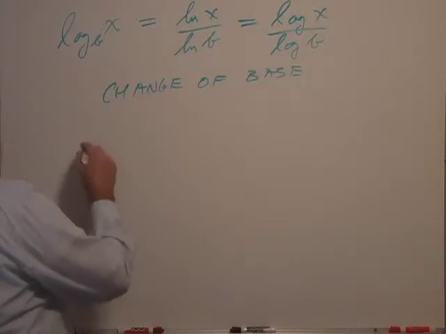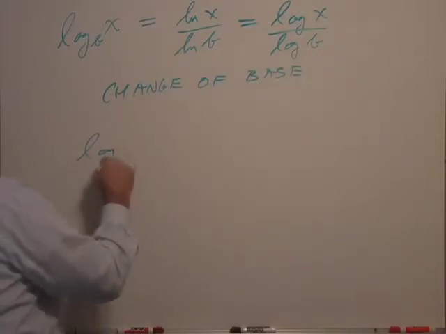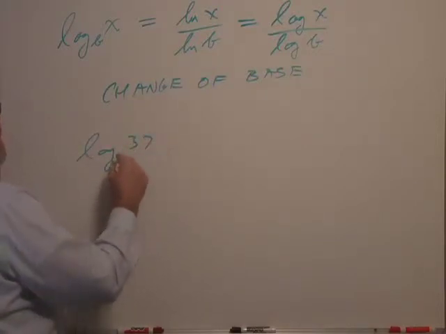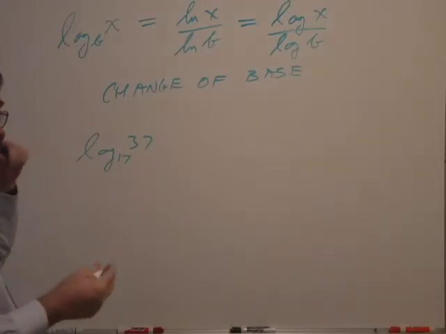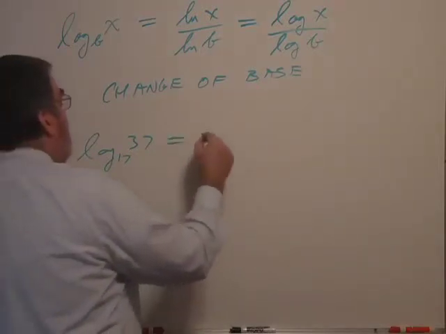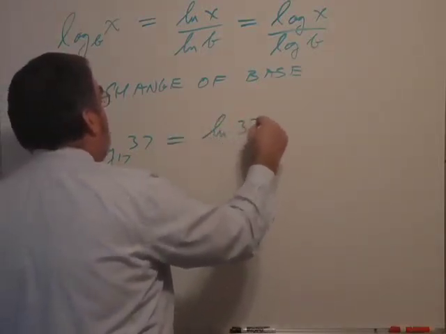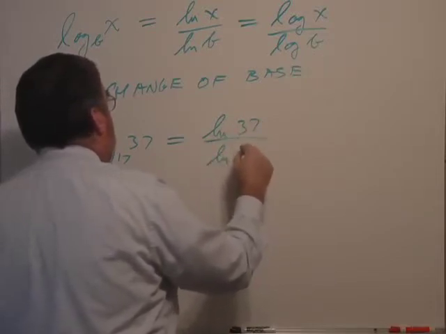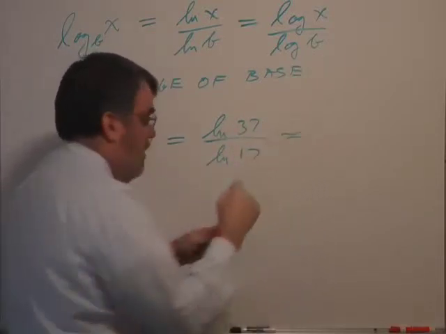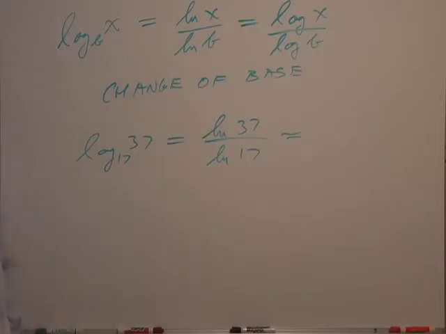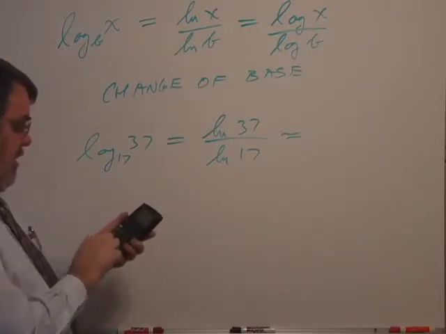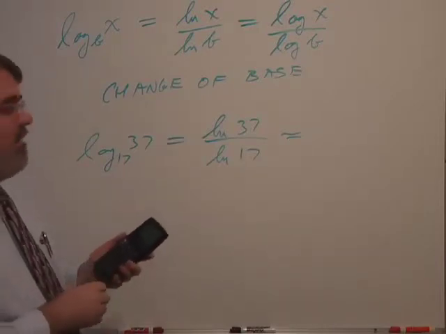What is the log of 37 base 17? Alright, well, we could calculate this as natural log of 37 over natural log of 17. So, pull out my calculator. And now you might want to try LOG.